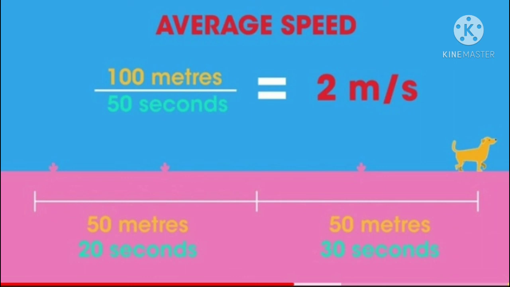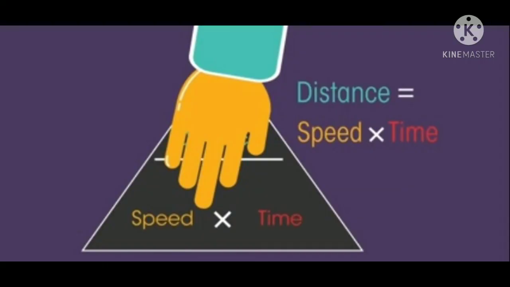Same way, by finding the average speed, we get an idea about the different speeds of an object at different instances. That is called average speed. Average speed is equal to total distance traveled by total time taken. The unit is the same, meter per second.